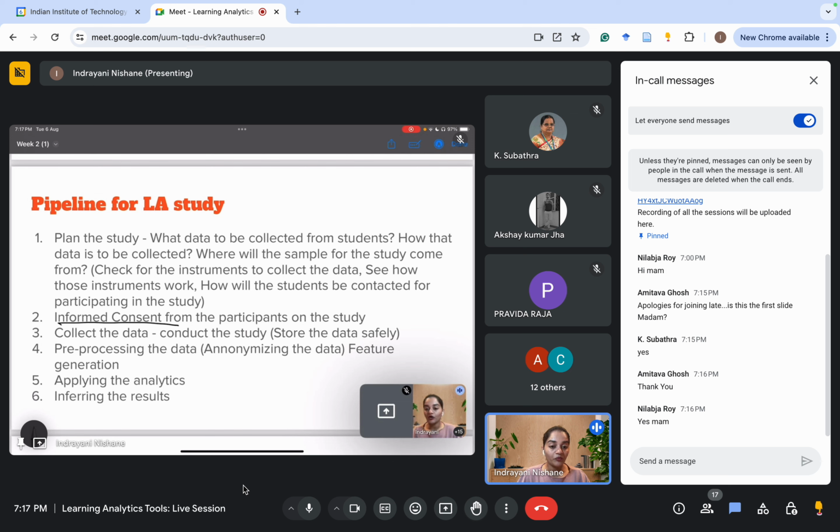So it needs a lot of processing, and we need to perform many operations to generate some features which will give us some information about what the students are doing. Instead of their click data, where they have clicked and at what time, based on their clicks we need to deduce their actions, whether they are reading, whether they are watching video, and based on the timestamp we can generate the time spent on a particular action, that feature.